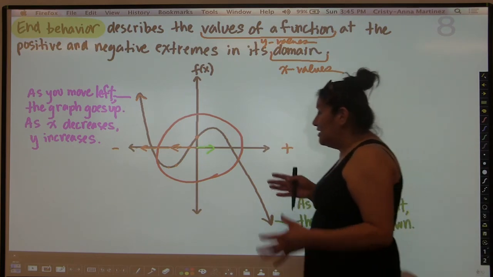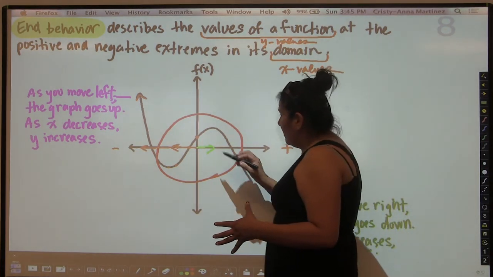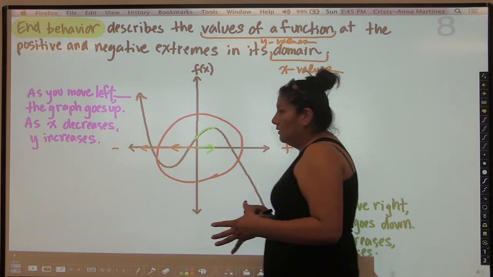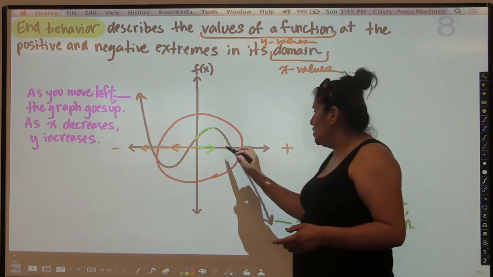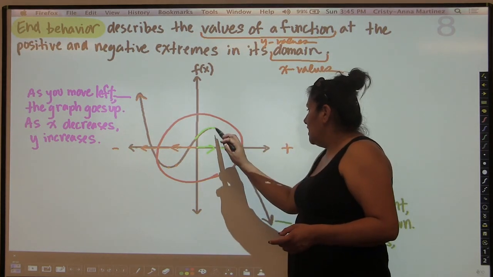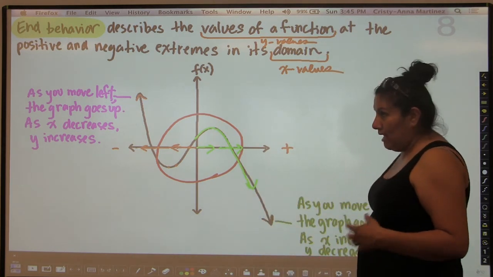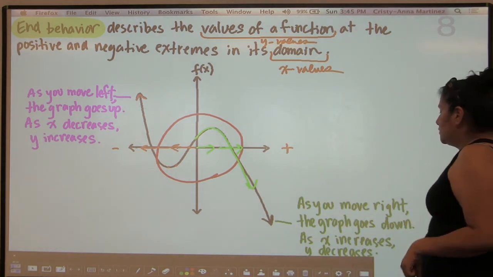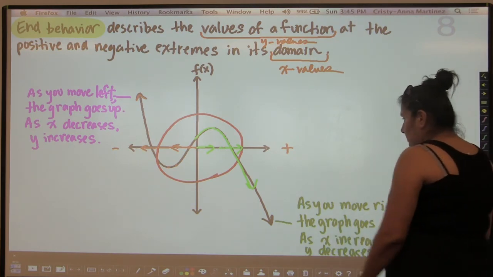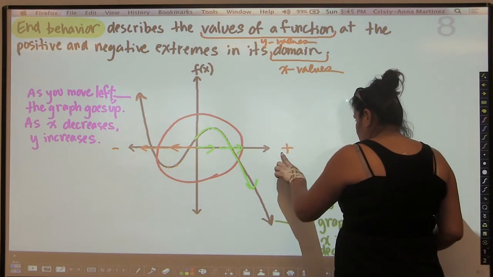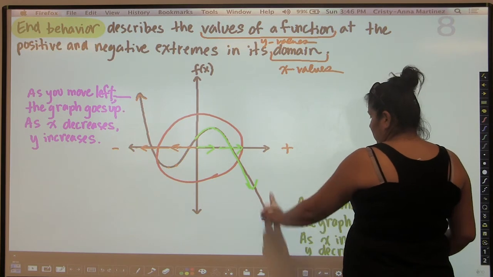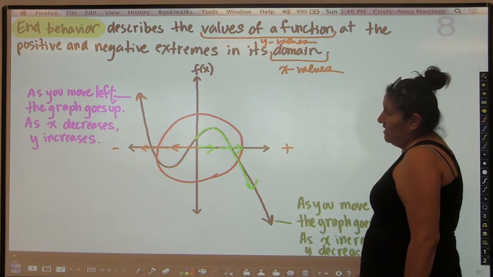And again, initially that seems like a lie, because initially the graph is going up, okay? But as you continue to keep going to the right, it will start to come down and eventually just go down, down, down forever and forever. So as x increases, again, positive direction, and now the x is getting bigger, the y value is decreasing. These y values are getting negative, negative, negative.